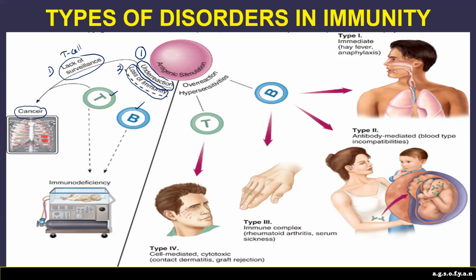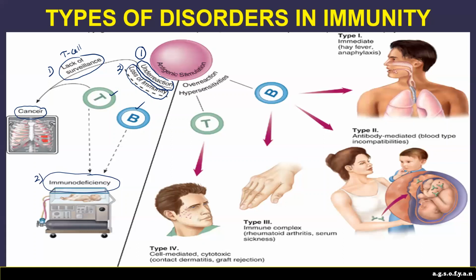They might not be able to create T cells only or B cells only. So this is what we call the loss of immunity. Sometimes it is also known as immunodeficiency disease. So immunodeficiency disease is the second type of underreaction.